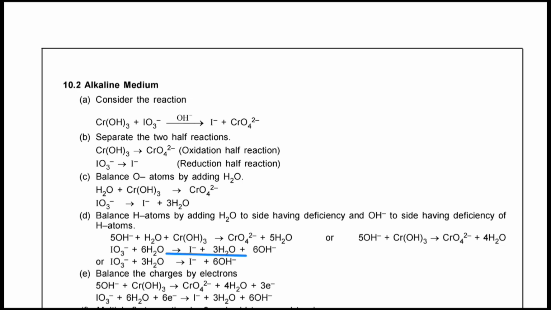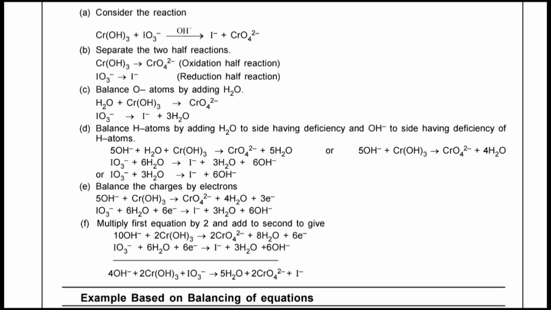Now you have to balance the charges by adding electrons. In the oxidation half reaction we will add 3 electrons on the right side, because on the left side the charge is -5 and on the right side it is -2, so adding 3 electrons to the right side will balance the charges.